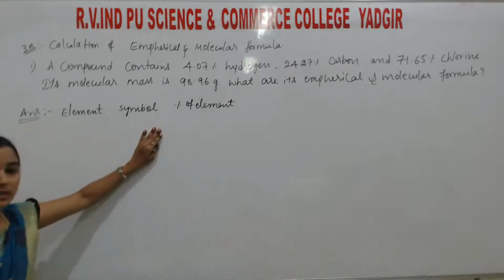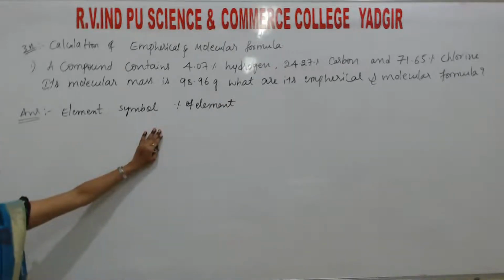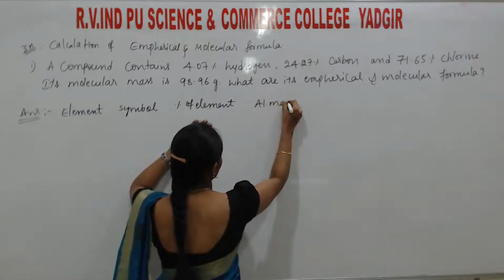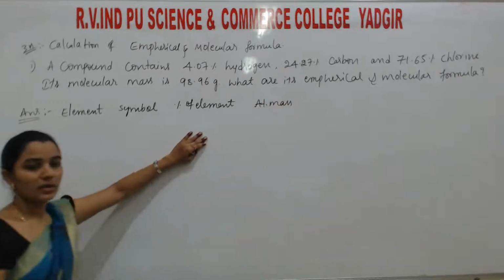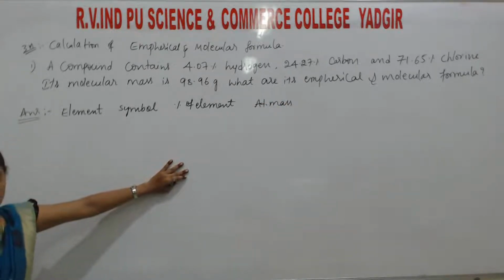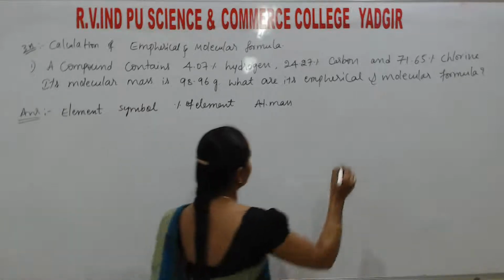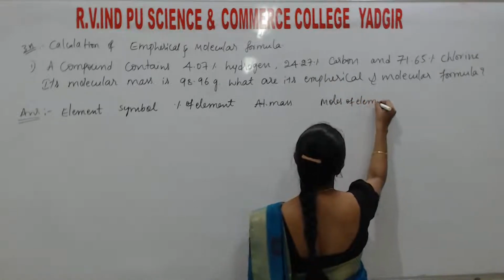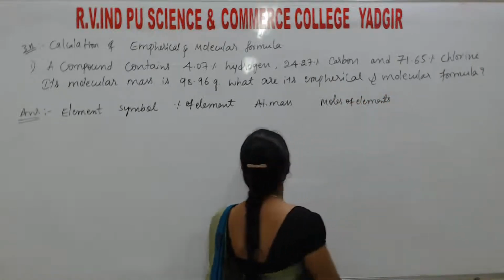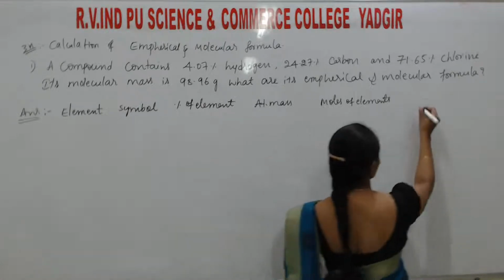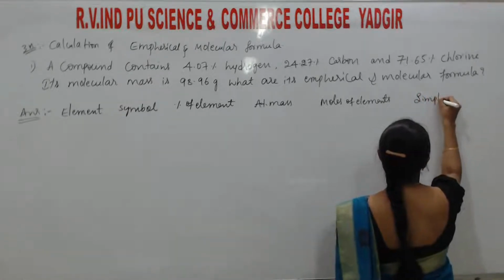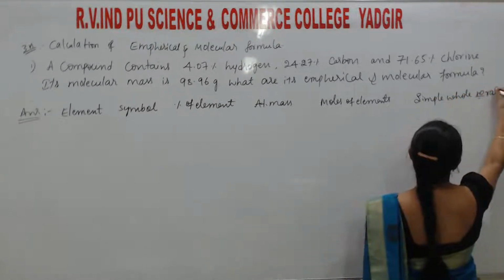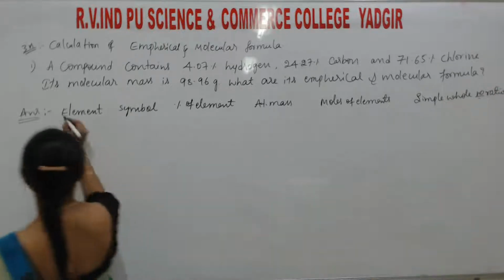Next, atomic mass of the respective element. Next one is moles of elements. Last one is simple whole number ratio. This is the box.